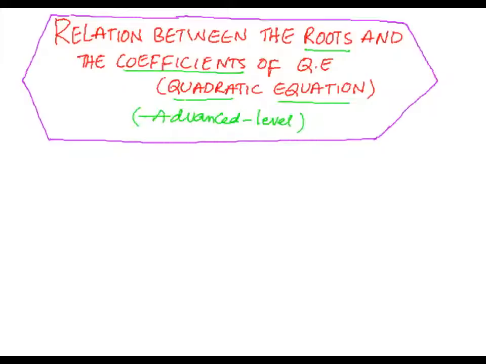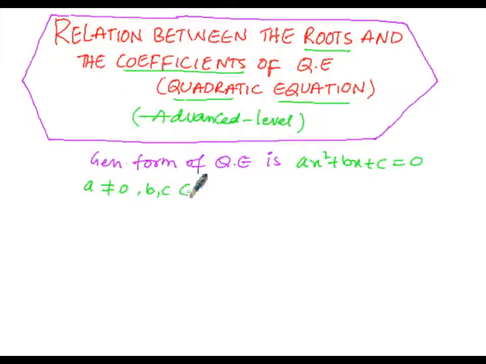which is nothing but the sum of the roots. Before going to the sum of the roots, first of all, the general form of a quadratic equation is ax square plus bx plus c equals to 0, where a is not equal to 0 and b, c are real numbers, in other words called the real constants.